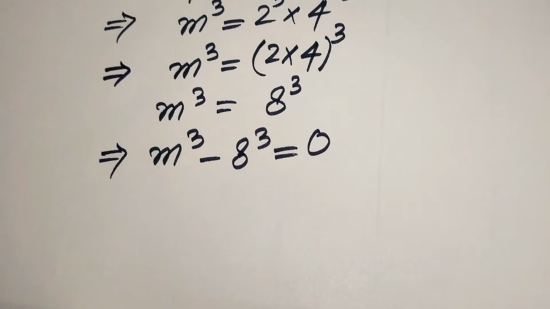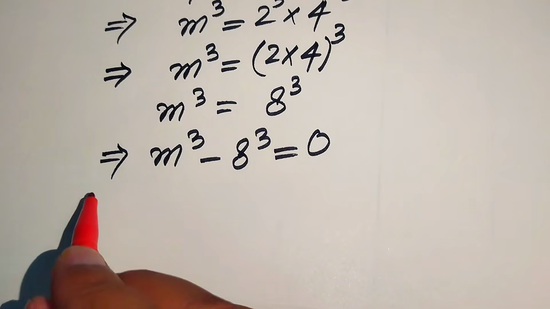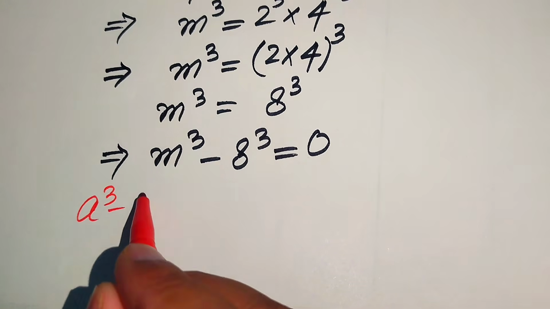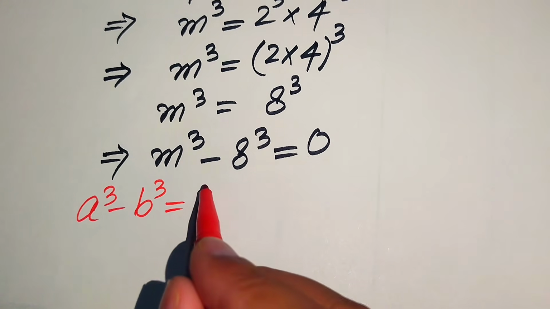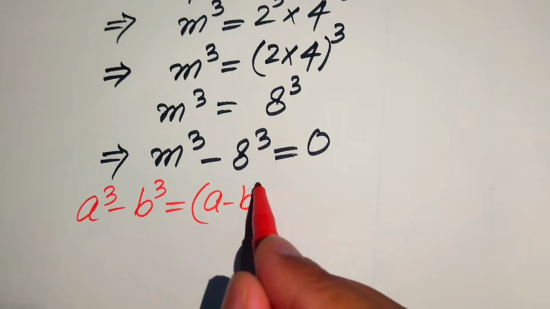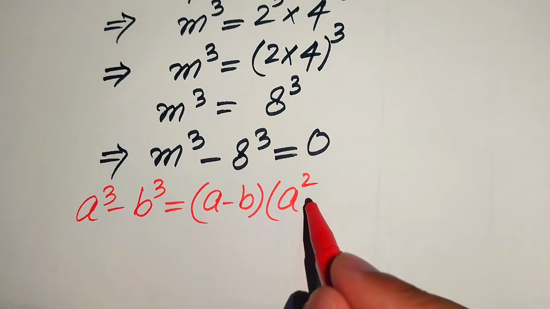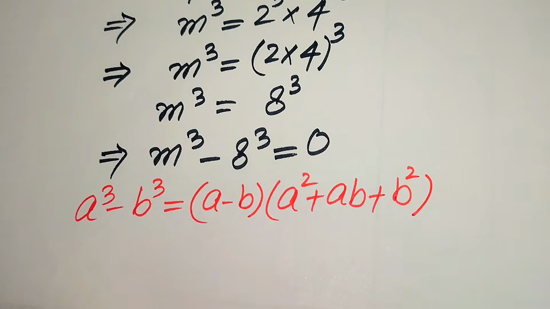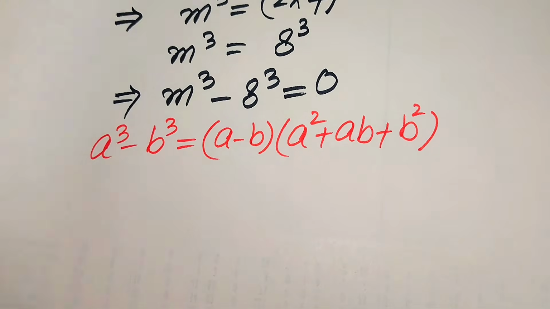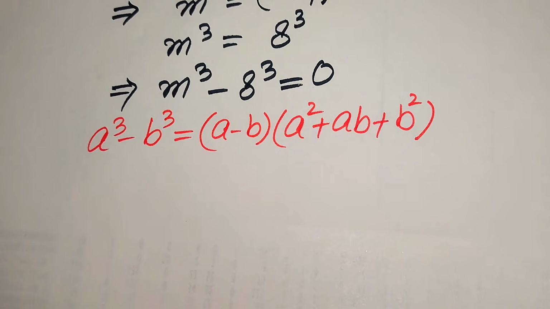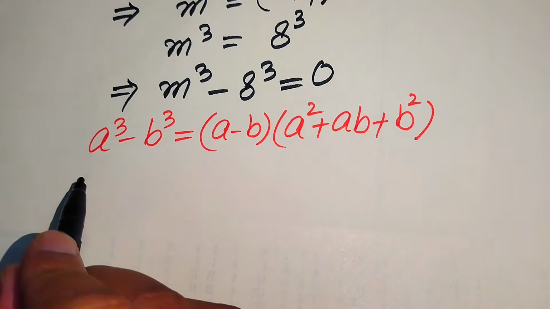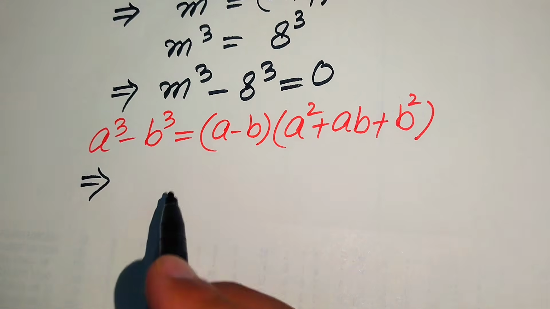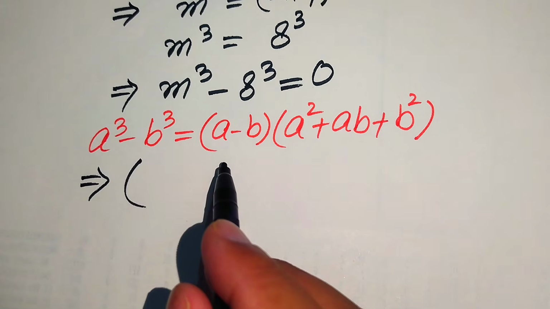Now we apply the nice cubic formula here, and you know about that: a cubed minus b cubed equals (a minus b) times (a squared plus ab plus b squared). According to this cubic formula, we write the above equation in this form. The first factor is a minus b.